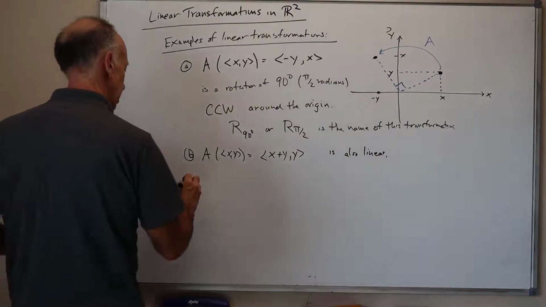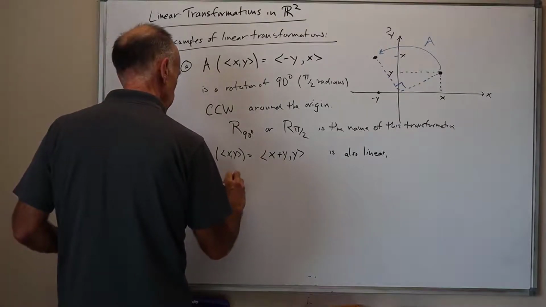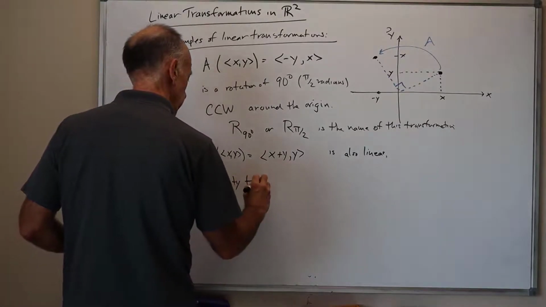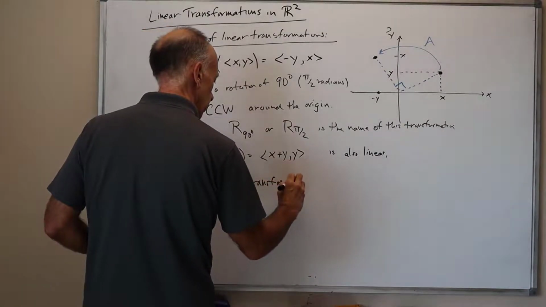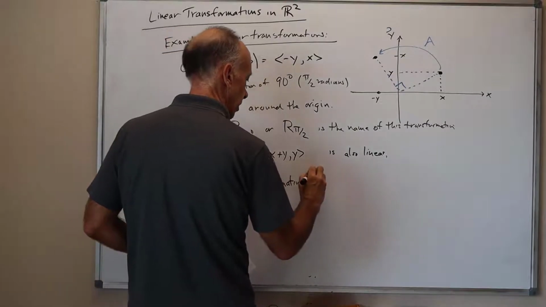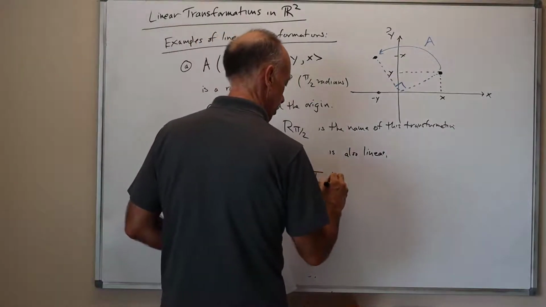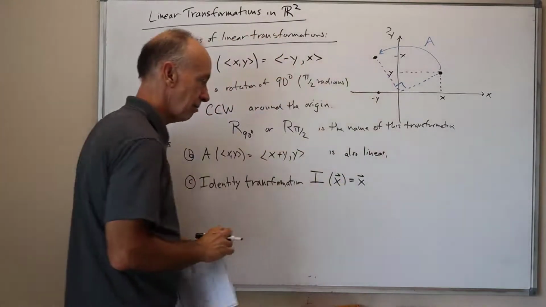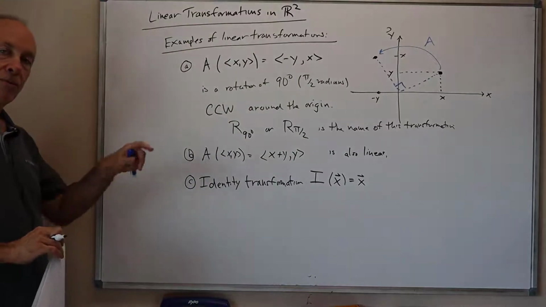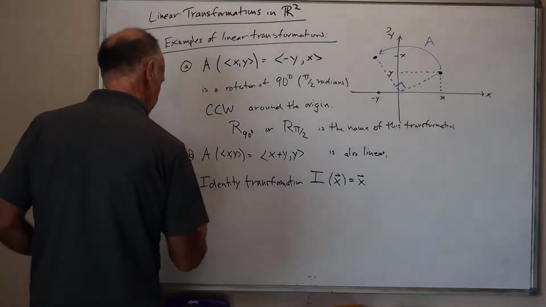So another example is the identity transformation, which I'll use the name I for. In this case, it's mapping every point x to itself. So it's just the identity map. It sends every point to itself. The transformation that doesn't move anything at all is clearly linear.